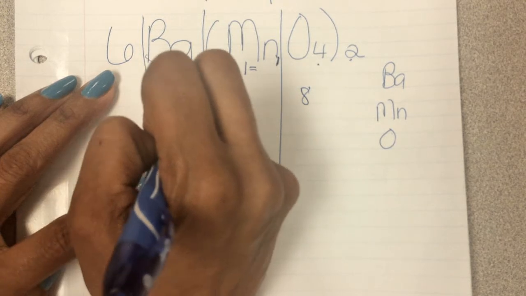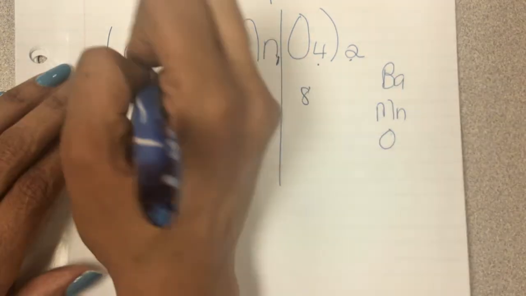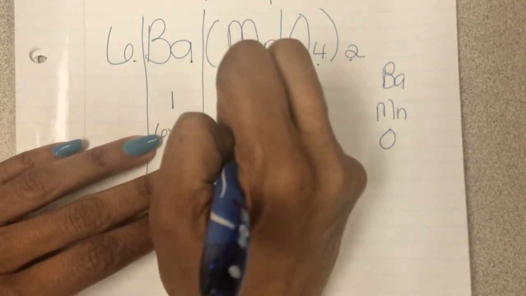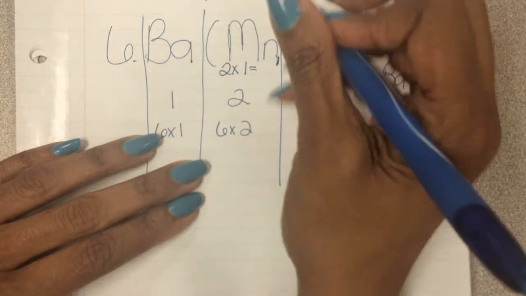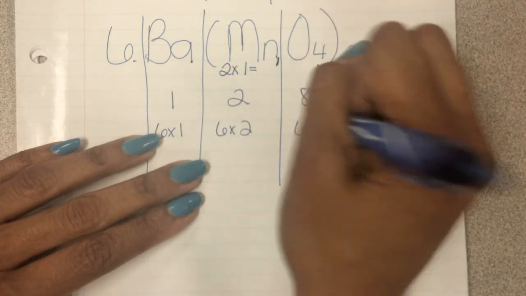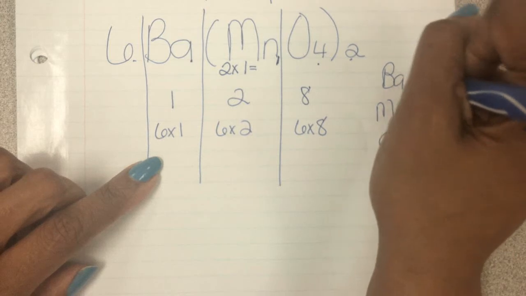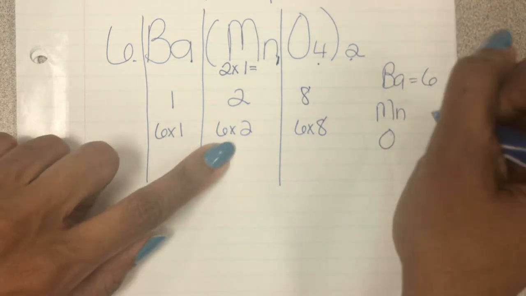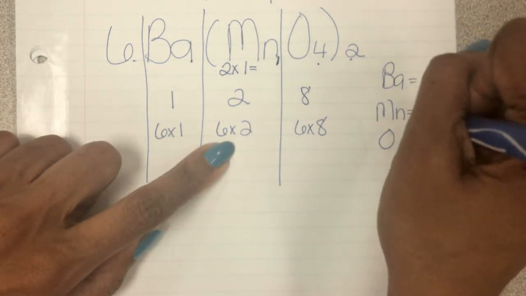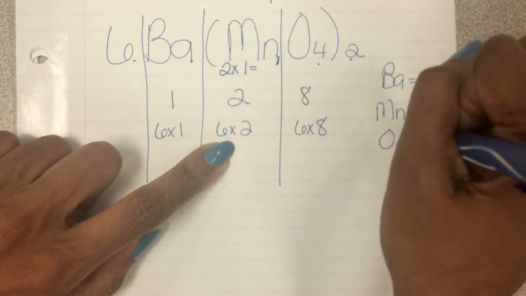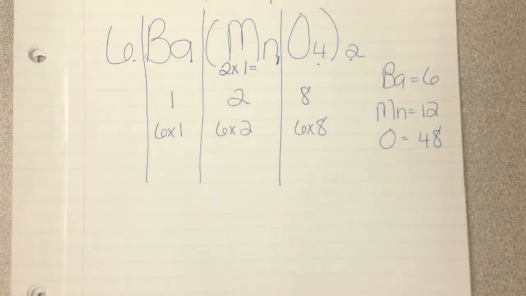So it's 6 times 1 for the barium, 6 times 2, and then 6 times 8. So total, I have 6 barium, 12 manganese, and 48 oxygen.